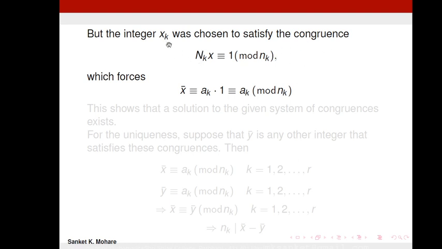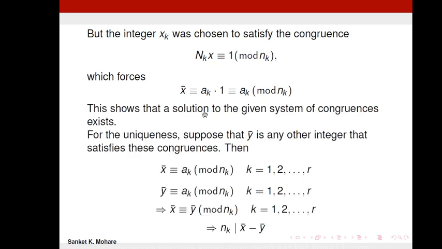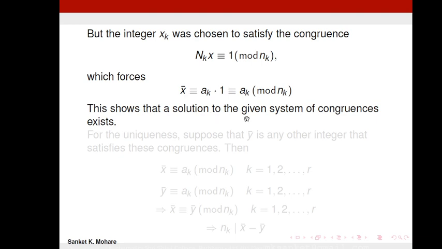What we have chosen x_k is what we already assumed, that x_k is the solution of the congruence N_k x is congruent to 1 modulo n_k, which means x bar is congruent to a_k times 1, that is equal to a_k, means x bar is congruent to a_k modulo n_k. This shows that a solution to the given system of congruences exists.